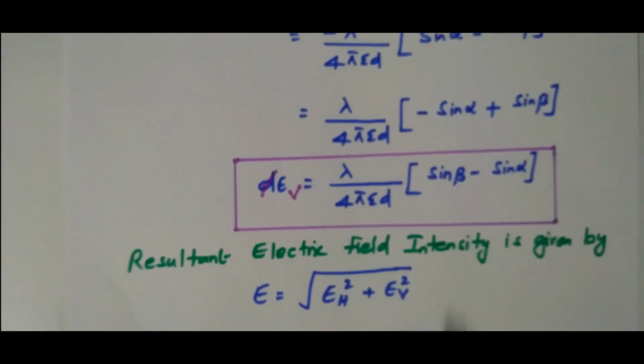So in this video we discussed the electric field intensity, the definition for electric field intensity, then charge distribution, 3 types of charge distribution, then electric field intensity due to a finite wire. We got the expression for the horizontal component, the vertical component, then finally the total component.